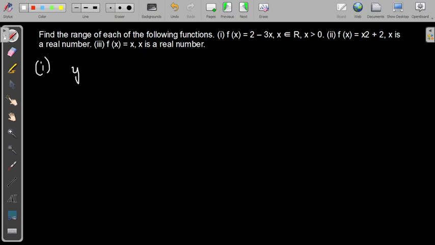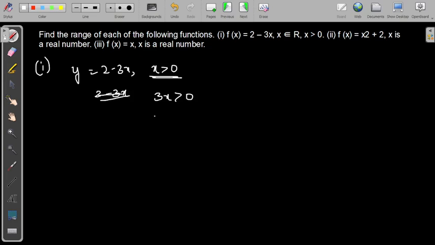First function, y equal to 2 minus 3x, x belongs to R and x is positive. So I have to find out where this y value belongs to. X is positive, they had given all positive real numbers. So 2 minus 3x. Okay, x is greater than 0. You can do like this. 3x is also greater than 0.